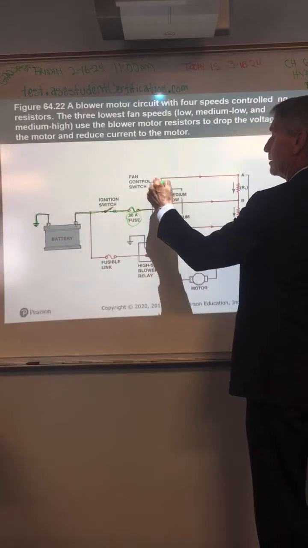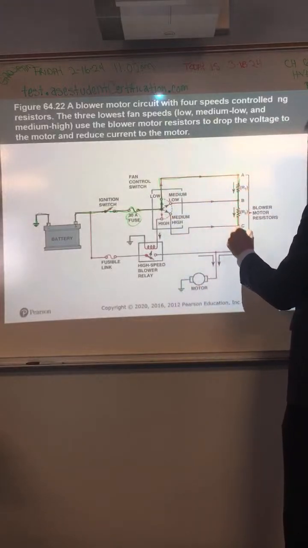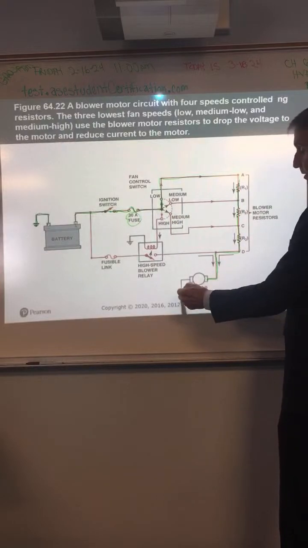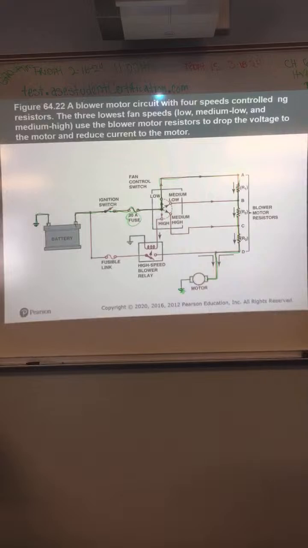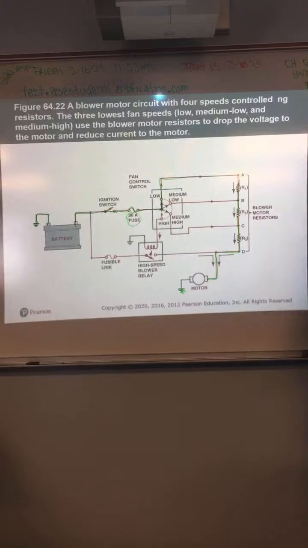It's going to go through this wire, through this resistor, through this resistor, through this resistor, and it's going to feed the power to the motor. The motor's already grounded. That's all it takes to make the motor run, power to ground. But because it went through these 3 resistors, you only got a little bit of voltage, a little bit of current to the motor. So it's only going slow because you selected low. Make sense? Okay.